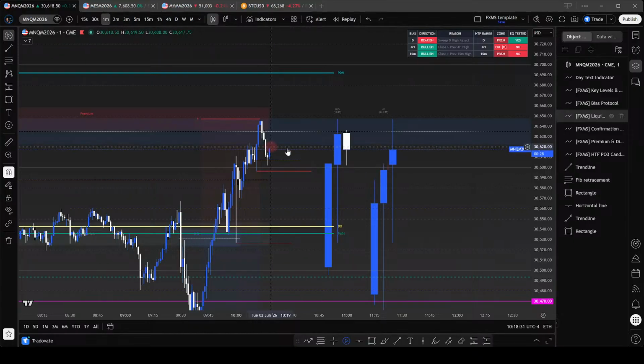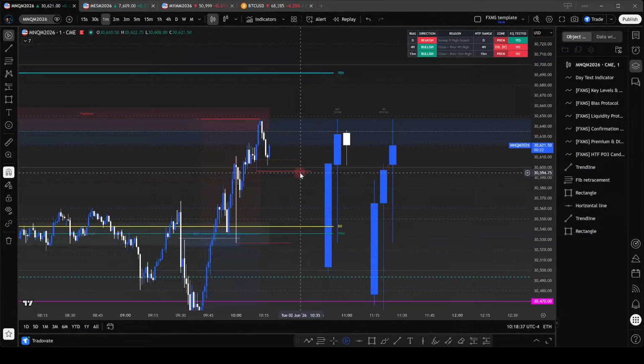Bearish imbalance that we're trading into. It's not quite rejecting it. Looks like we're going through it. Always gotta wait for the candle close though.